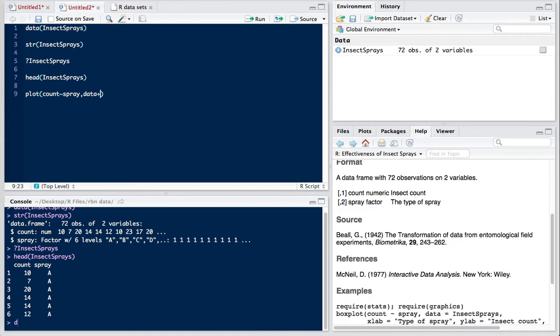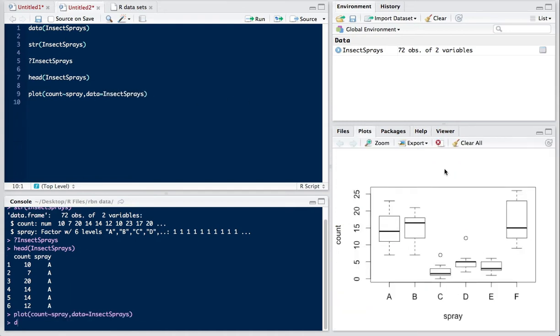So it's InsectSprays. And then here's my little box plot, a series of box plots that show up in the graphics panel here. So what you can see is that there are obvious differences in the number of insects associated with sprays A through F.